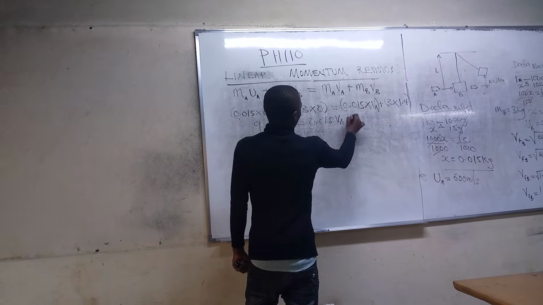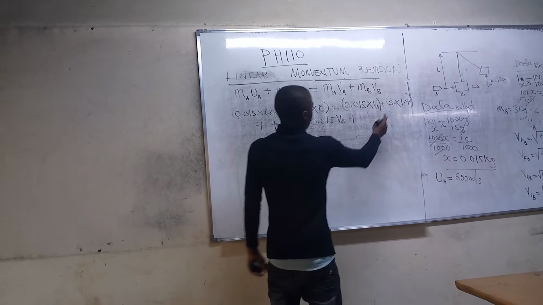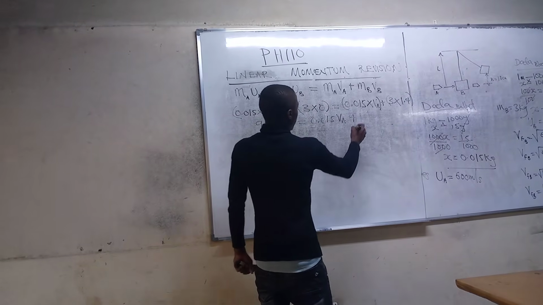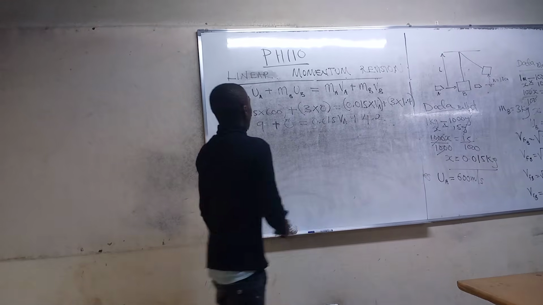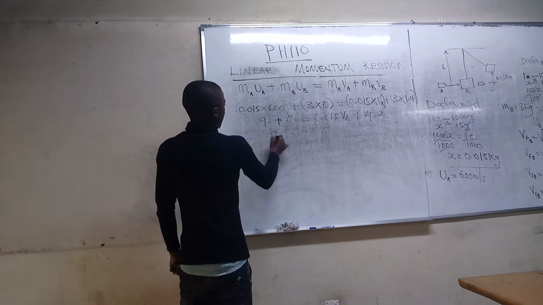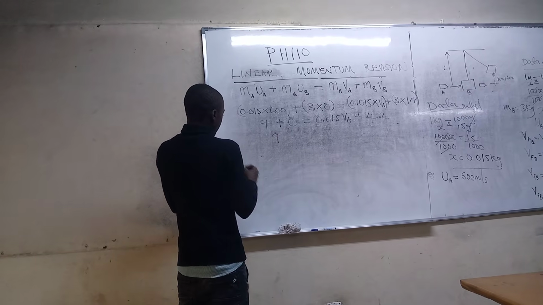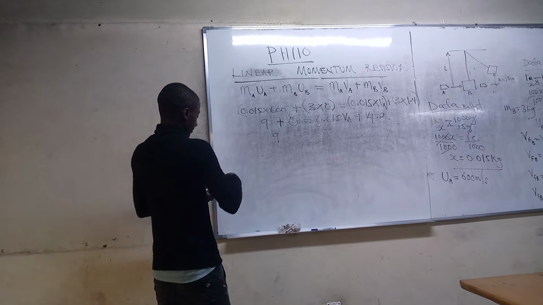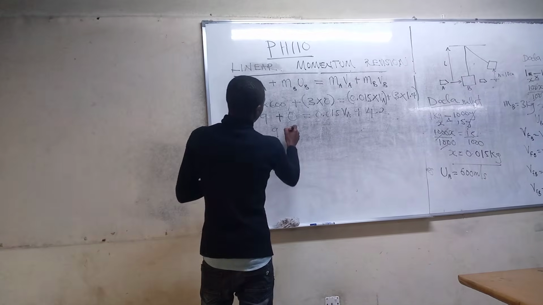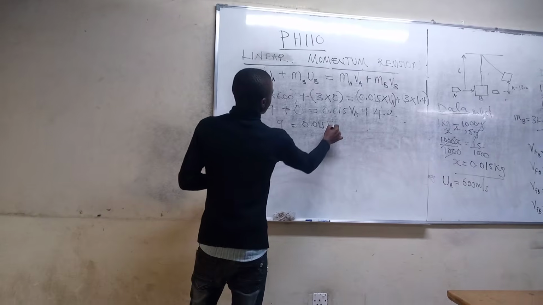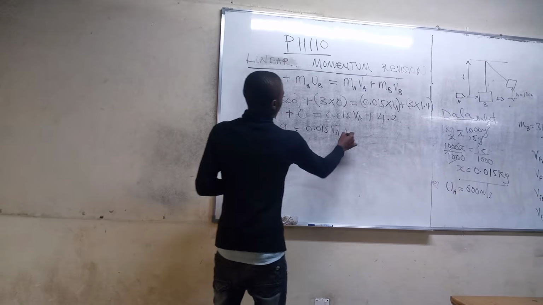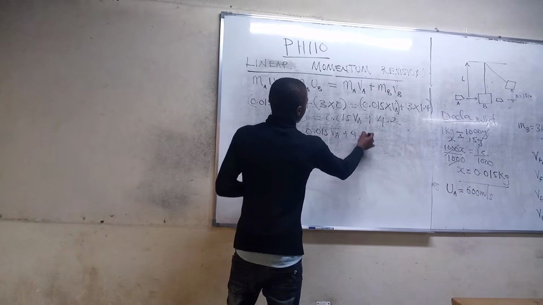VA plus, what is 3 times 1.4? 4.2. Now from there, this is just 9 plus 0, you are getting 9, is equal to 0.015 VA plus 4.2.